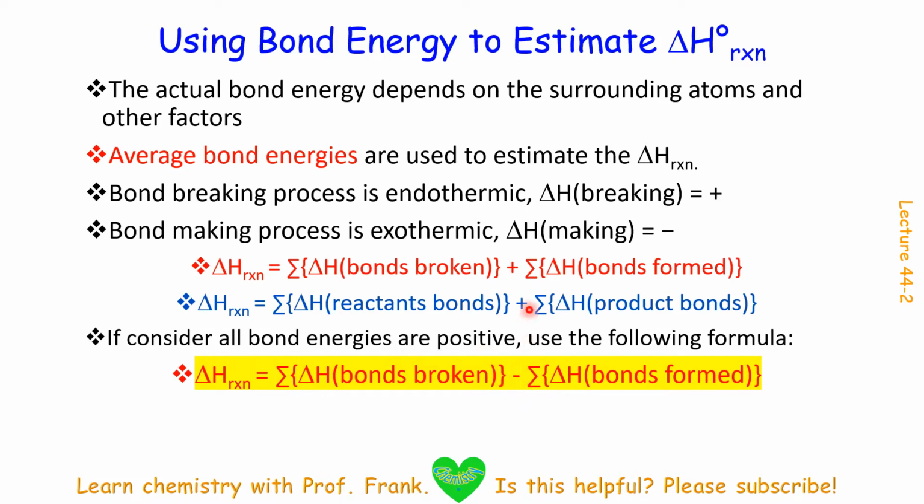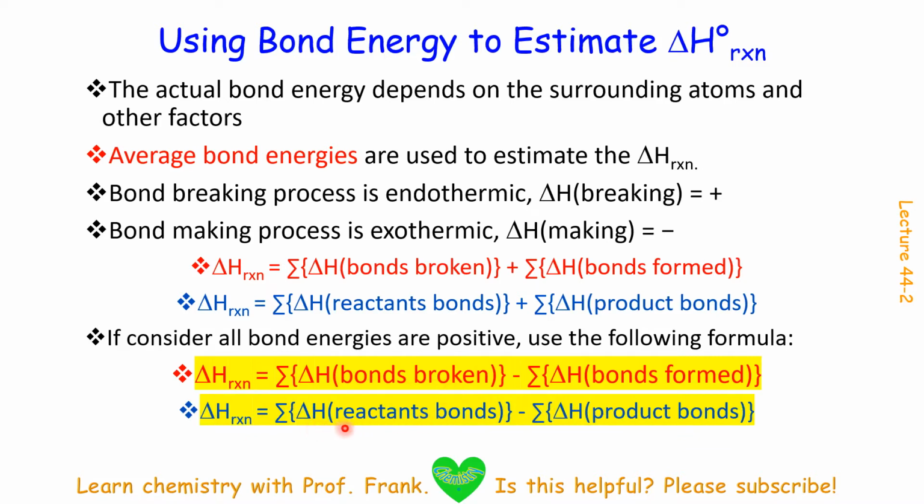But instead of adding them, we subtract the delta H values for bonds formed from the delta H values for bonds broken, or the sum of delta H for bonds in reactants subtracted by the sum of delta H values for bonds in products. Personally, I like to use this equation.